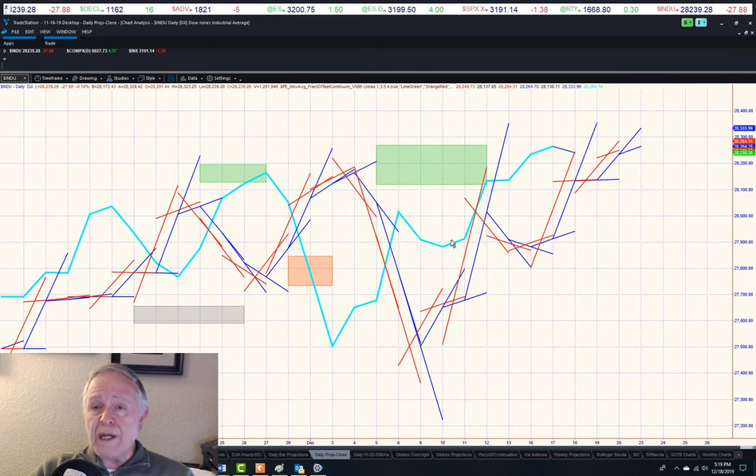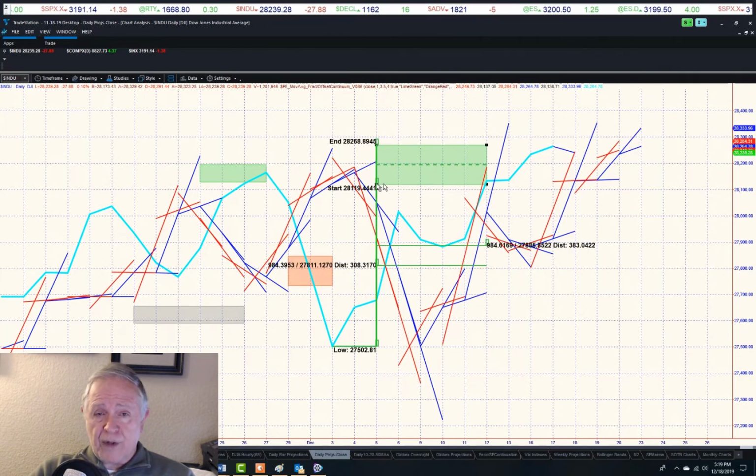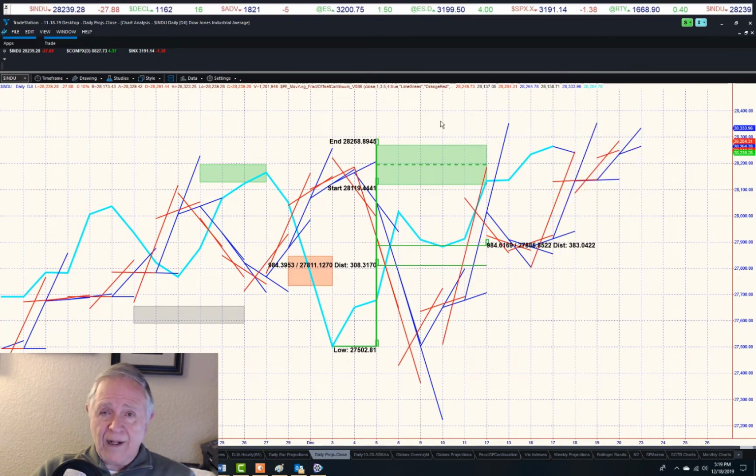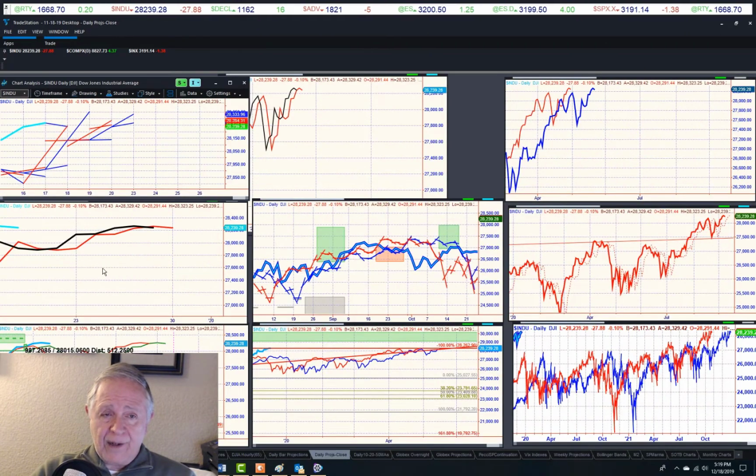On a closing price basis, it has been easily reached, in the upper zone of the projection. This projection zone is 28,119 and change to 28,268 and a high number, so round that off to 28,269. The high close so far is 28,264.78. So that projection has been handily met.